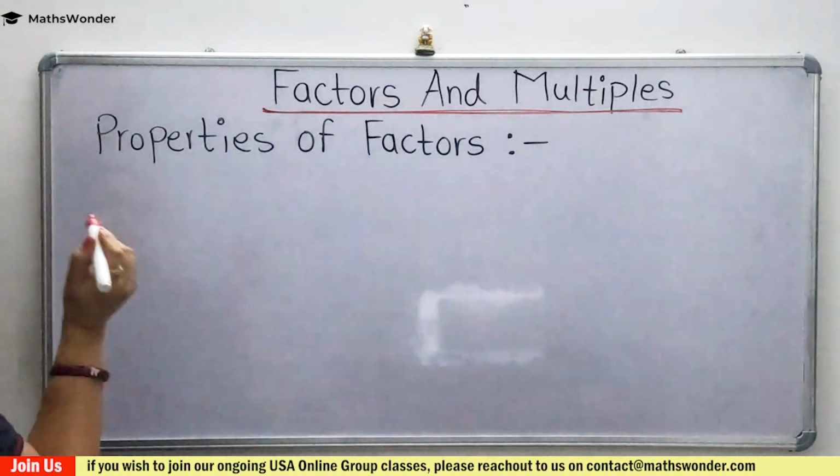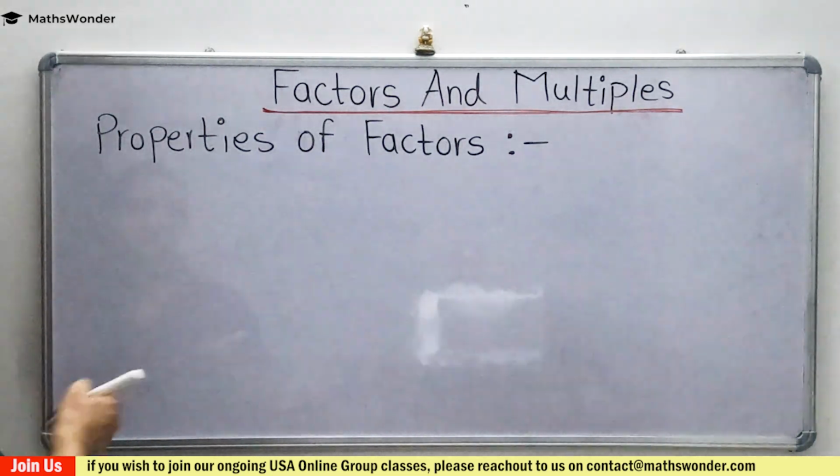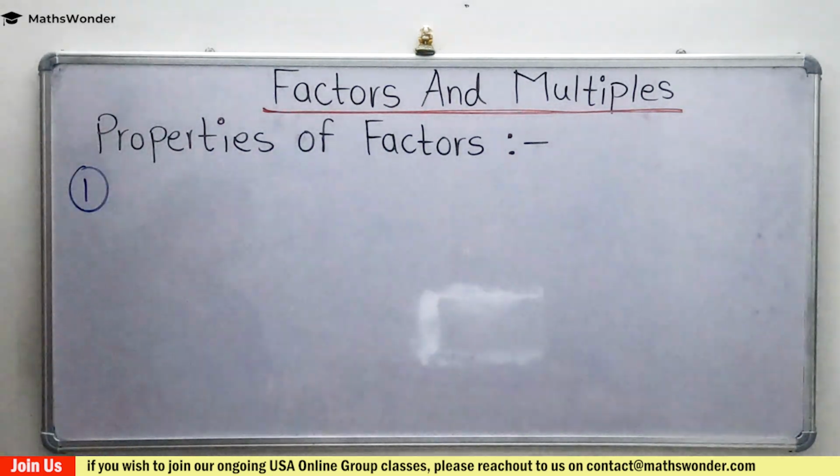So the next is properties of factors. The first property of factors is: 1 is a factor of every number and it is the smallest factor of that number, right?